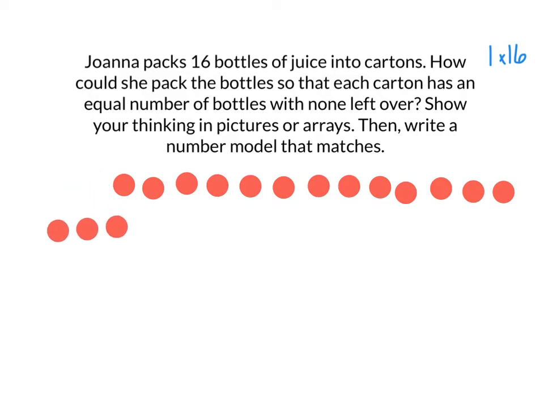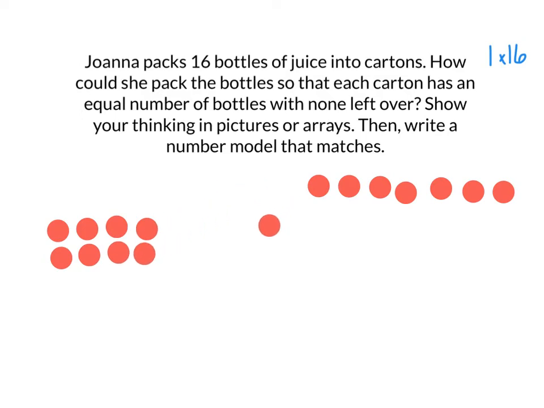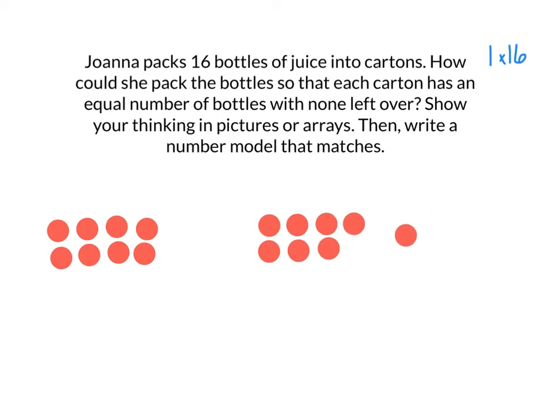Okay. Another way that you could do it is she could have 2 cartons, and in each carton, she could have 8 bottles, just like that. So the number model that would match that would be 2 times 8 equals 16.